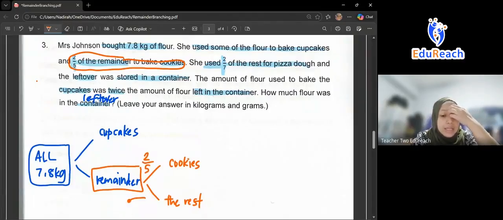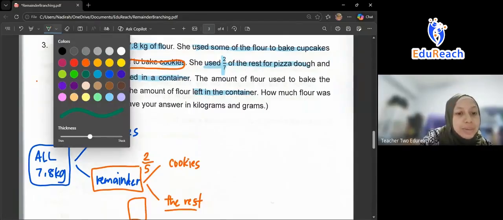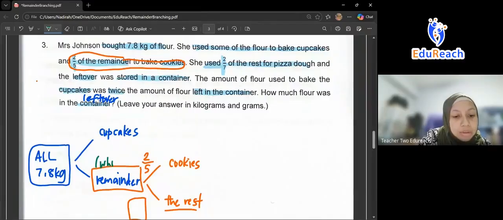Okay, guys, since I have a fraction, what fraction would be for the rest? 3/5. 3/5, very good. So yes, you remember when I say you branch out, that point is one whole, right? So 5 out of 5 minus 2/5 is 3 out of 5. Very good.